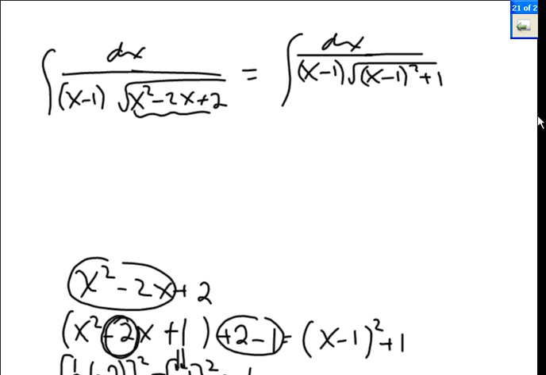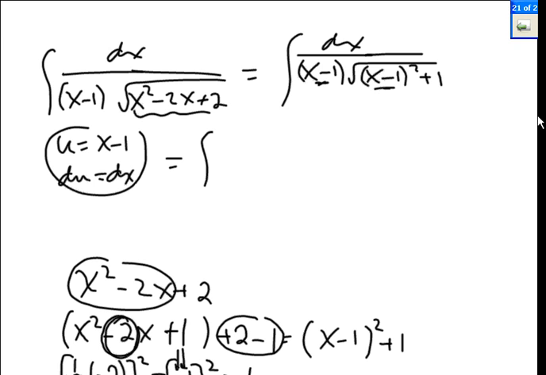Now I'll say, you know what, I'm just going to call that u. If I let u be x minus 1, then du just becomes a dx. So the top dx, well that's just du, and I said that's u, and there it is again. But that's u squared plus 1 underneath the square root sign.